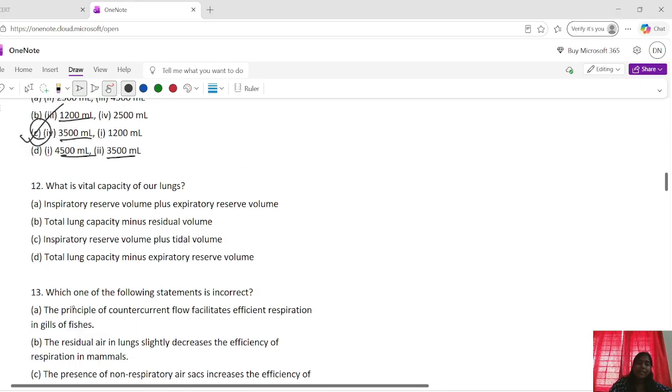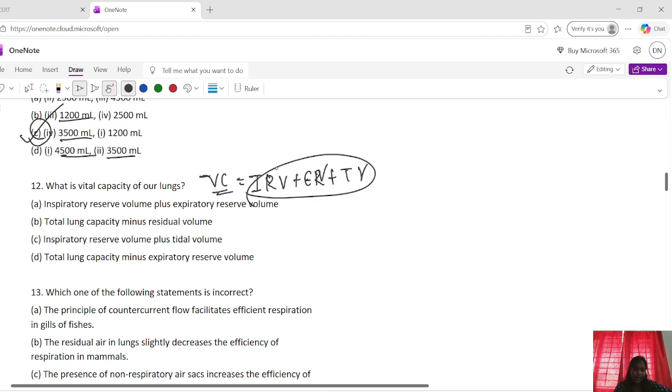What is the vital capacity of our lungs? Vital capacity is the amount of air which one can inhale or exhale with maximum effort. Okay, this is called vital capacity, right? IRV, ERV along with the tidal volume makes the vital capacity.